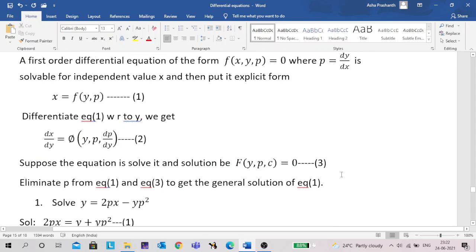And one more method is remaining here, that is solvable for y. In the next video, I will send that. After that, only one topic is remaining, that is orthogonal trajectories. In one or two videos, after solving solvable for y, I want only two videos regarding my portions. I'll complete my portions.